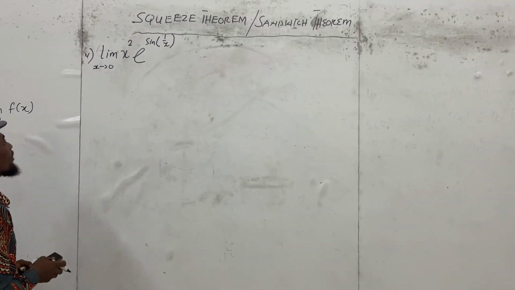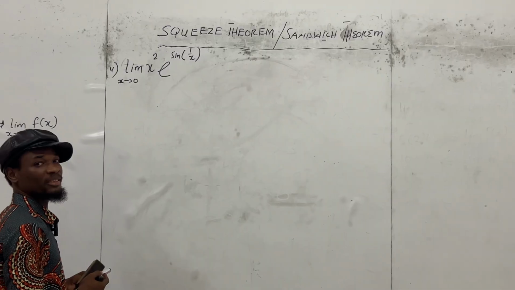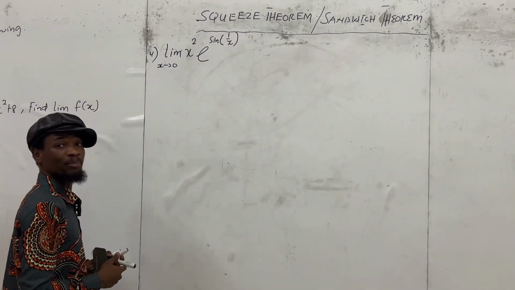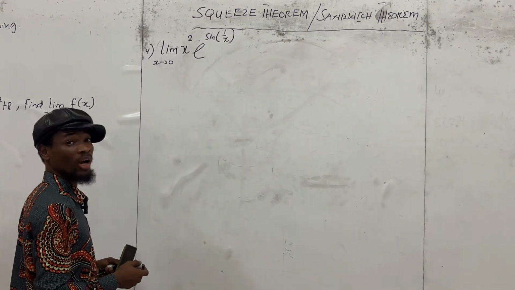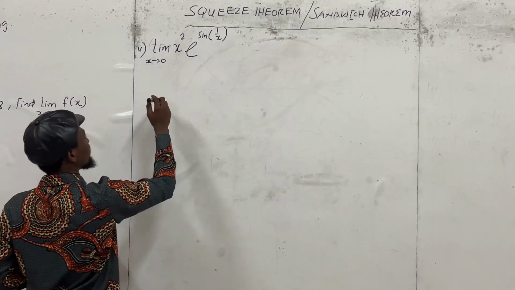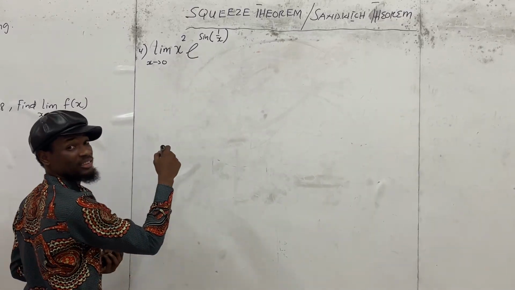Evaluate the limit as x approaches 0 of the expression x squared times e to the power sine of 1 over x. We already know the values that will make the sine function defined, right?